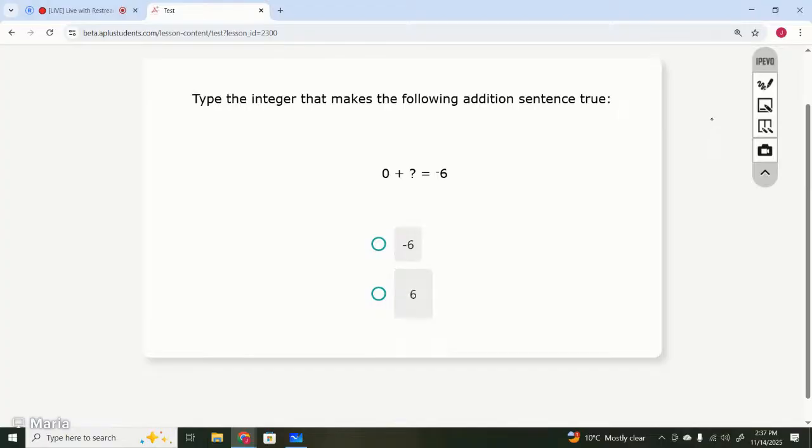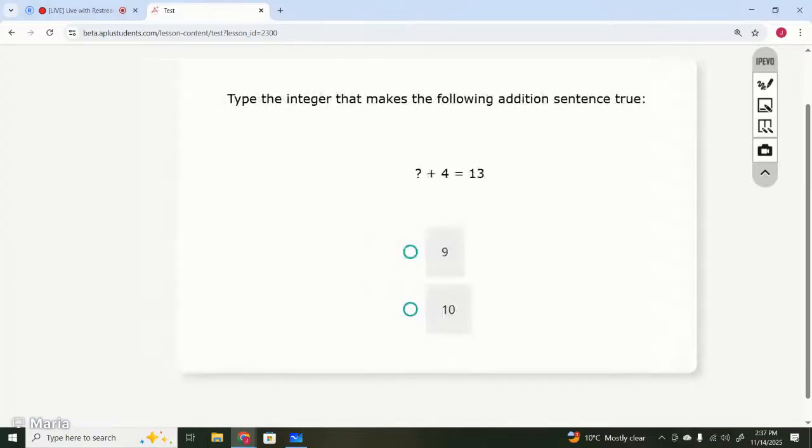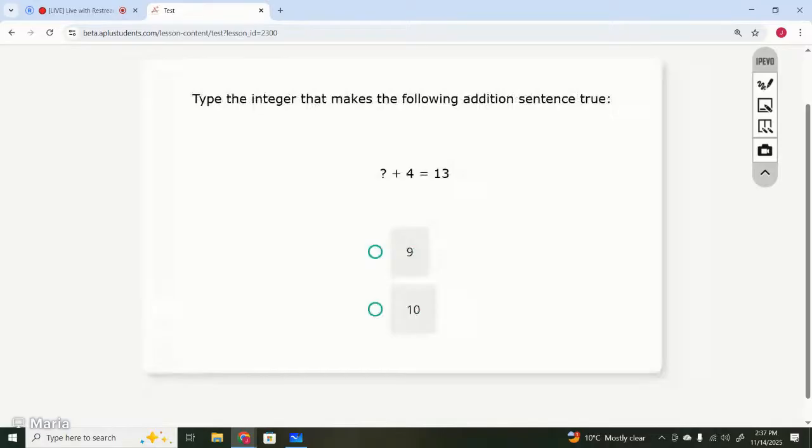That is 0, negative 6 equals negative 6. 9 plus 4 is 13. The correct option is 9.